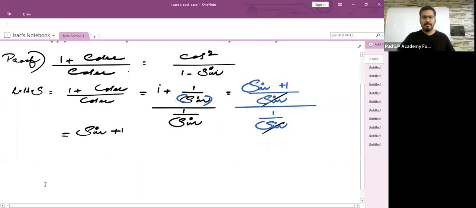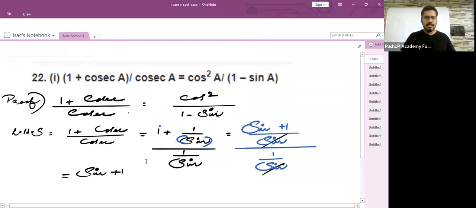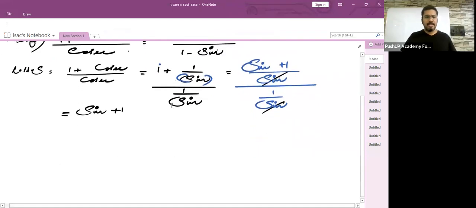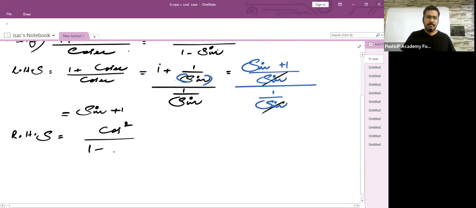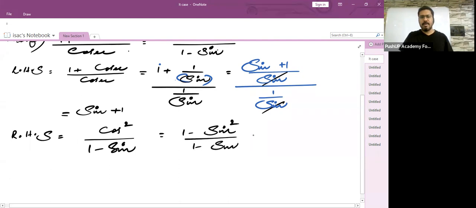Now let me take the RHS. RHS is cos square upon 1 minus sine. I'll write here. RHS is equal to cos square upon 1 minus sine. Now this is equal to, what is the square relation of cos and sine? I think cos square is equal to 1 minus sine square. So let me write here 1 minus sine square divided by 1 minus sine.